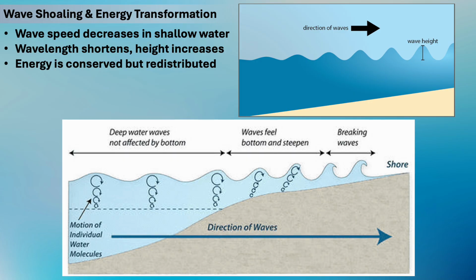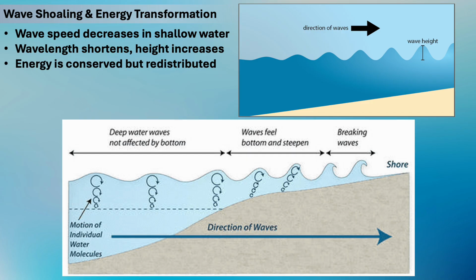As a wave enters shallow water, frictional interaction with the bottom slows the lower portion of the wave first. Because the wave period remains fixed, as we previously talked about, a decrease in speed forces a decrease in wavelength.